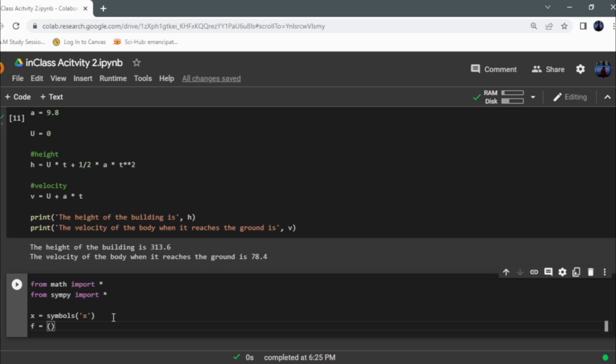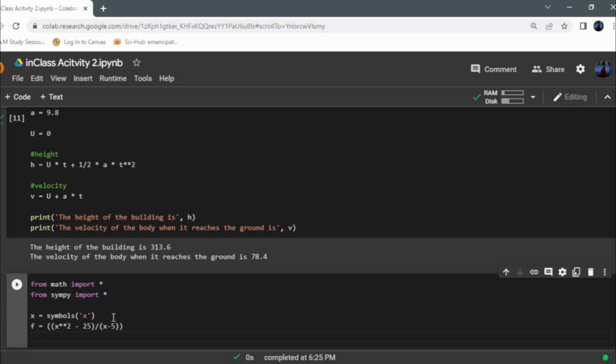This is where we put our sine, constant expression, or e, or anything related to the limit that you want to solve. In this case, it's x squared minus 25 divided by x minus 5.